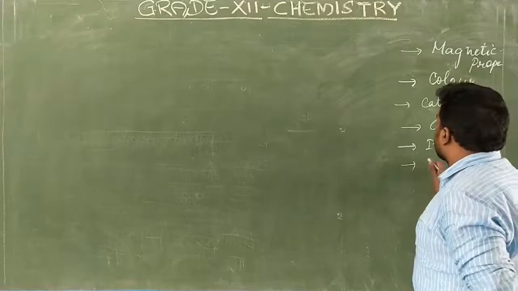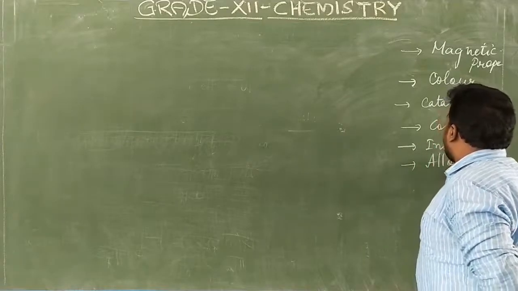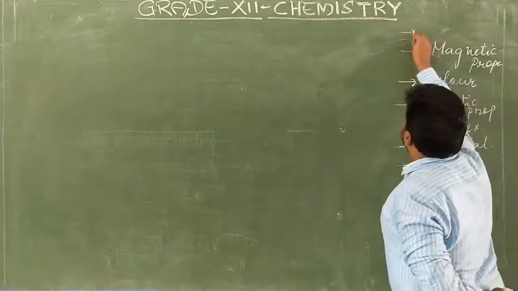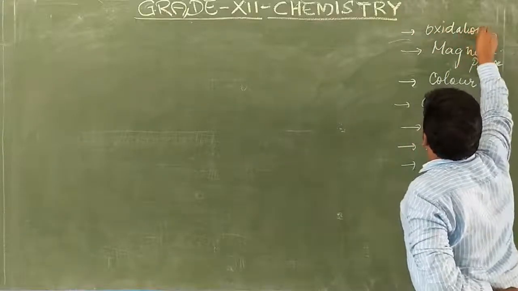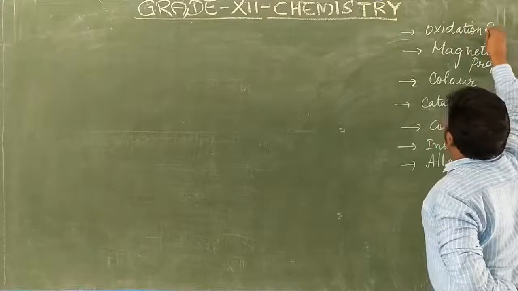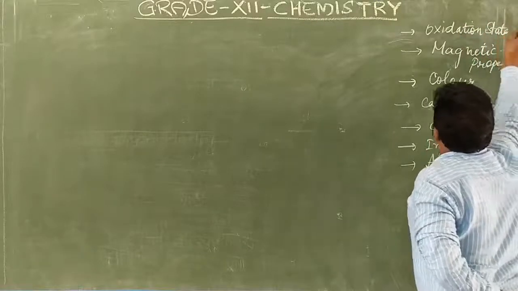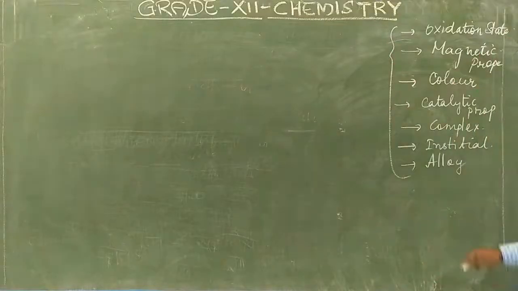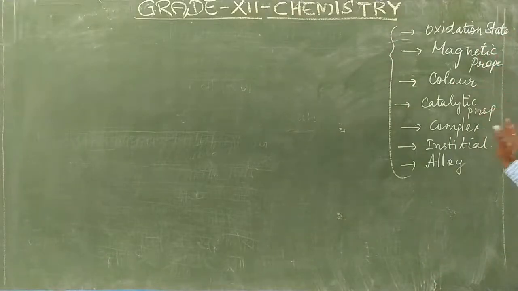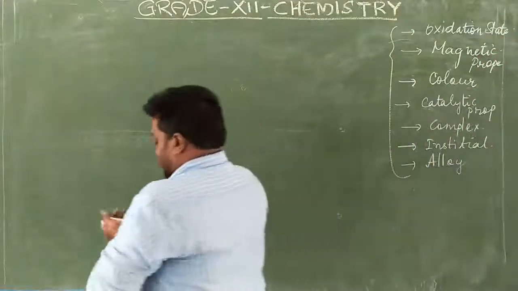Next to the interstitial compound formation, we have alloy formation. The first one, oxidation, variable oxidation state. These are the various properties of d block elements, and we have to study all these properties. So how am I going to frame a table?